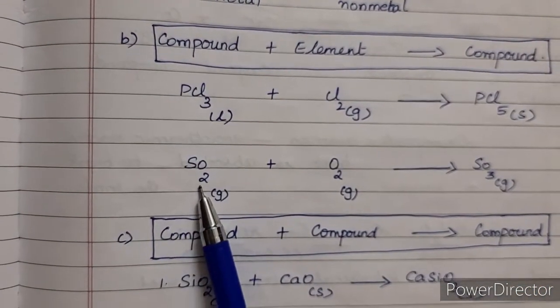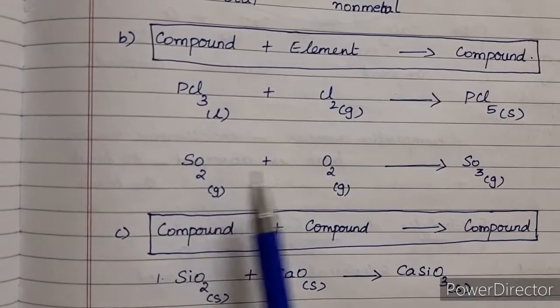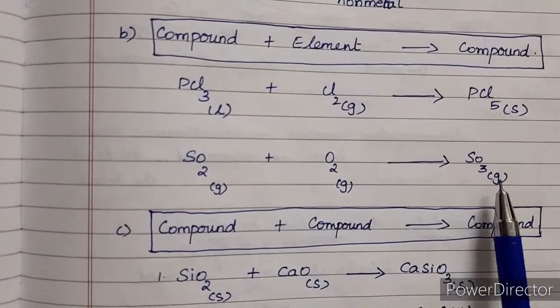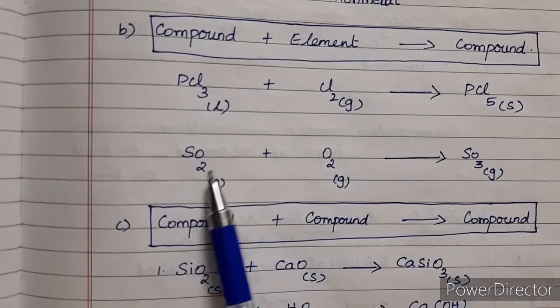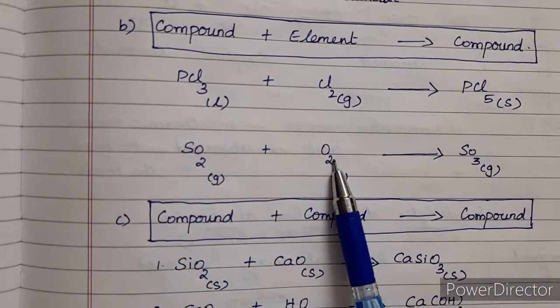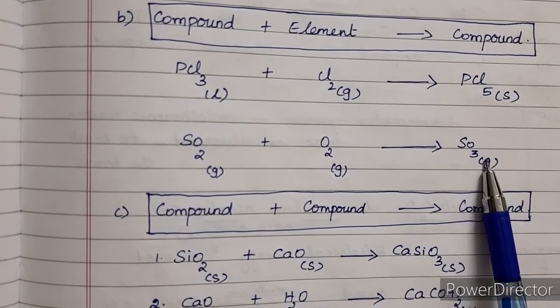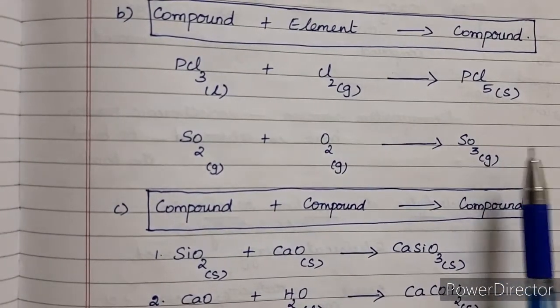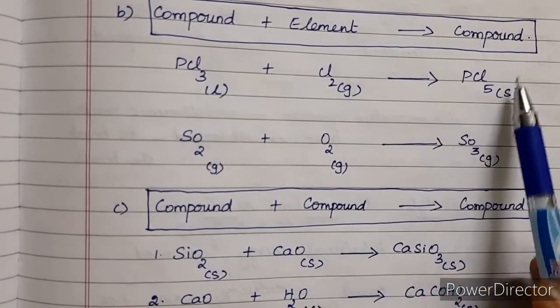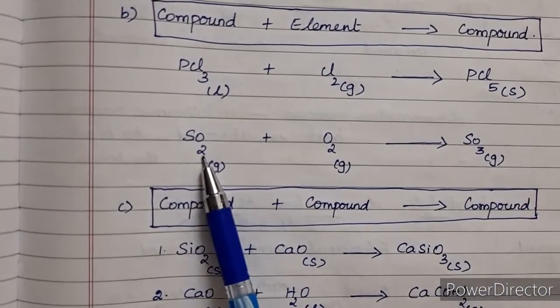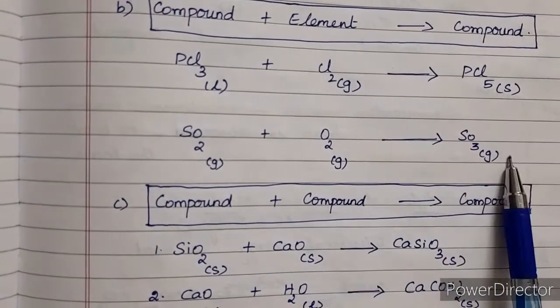The other example is sulfur dioxide combines with oxygen to form sulfur trioxide. Now sulfur dioxide is a compound that combines with oxygen. It is an element. Now gives the product sulfur trioxide, which is a compound. So these two are the examples of compound plus element gives the compound.